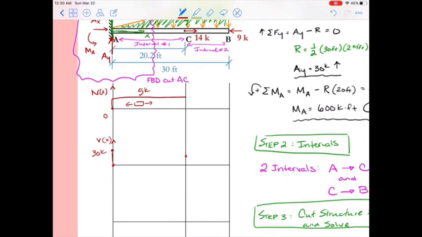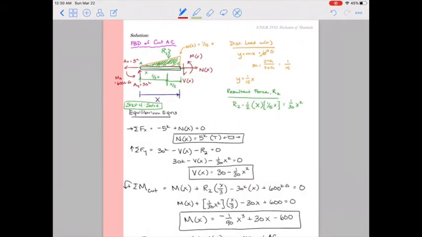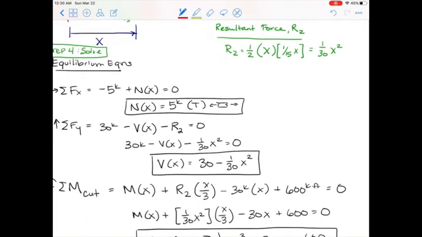If I plug that into my function that I solved, I get a value of 16.40 kips. So let's just make that clear. If I come back to the next page, I'm looking to get V of 20.2 because this is at point C. I plug in 20.2 for x, and I solve, I get 16.40 kips. Positive shear.